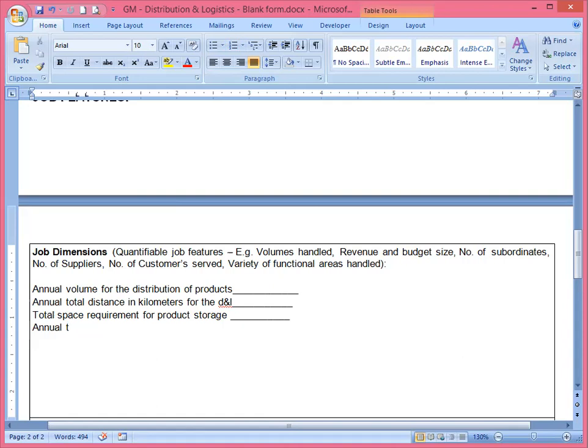So annual total volume of products to be produced by manufacturing, and also, of course, to be delivered by the DNL to customers. Delivery of finished goods, and also the picking up of raw materials from suppliers to the inbound warehouse.